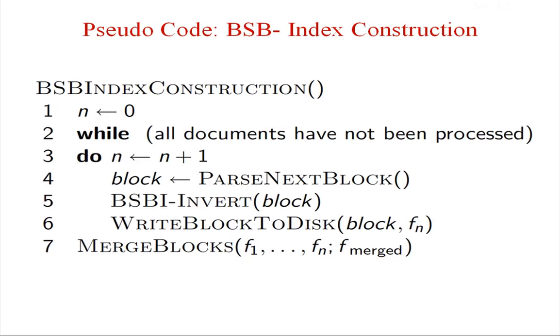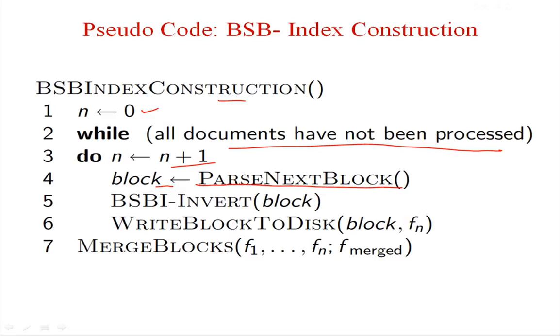This is the pseudocode. Starting with n equal to 0, while all documents have not been processed, do n equal to n plus 1, take another document and prepare a block by parsing the documents.